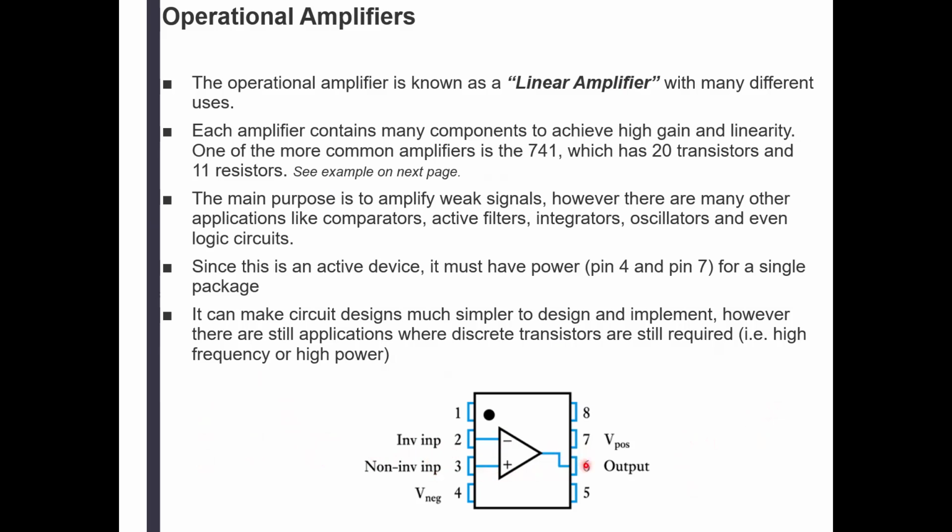If your main signal is to the non-inverting input, then you're going to have a non-inverted output. Sometimes you want this, sometimes you want that, and sometimes you want both.